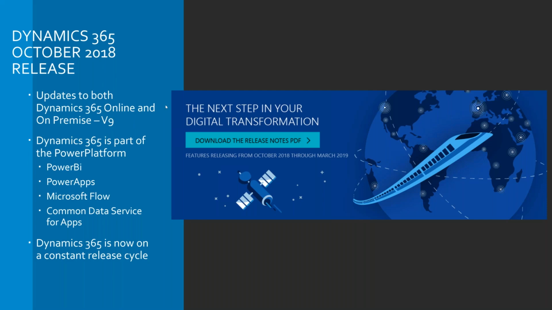Sometimes they have to be applied to your system by your administrator. So by having this cadence of applying updates regularly, Microsoft can continually have the application up to date among all of its clients. All of the users of Dynamics will be on the same application, which will make it easier for Microsoft, its partners, and for you to support.